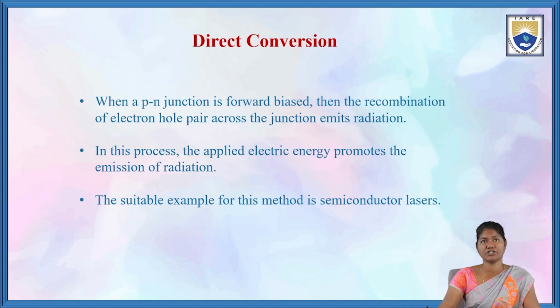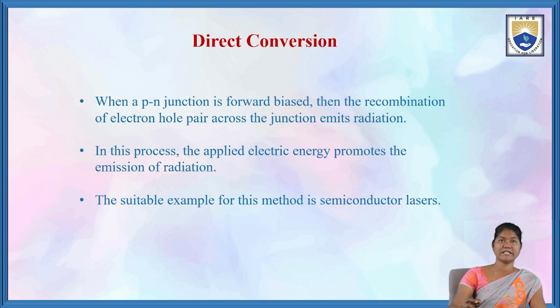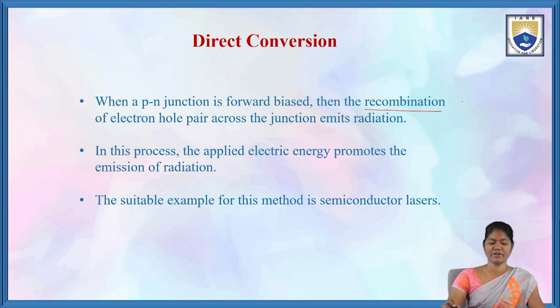Next, direct conversion method. When a PN junction diode is in forward bias, then recombination of electron-hole pairs across the junction emits some radiation. So in this process, the applied electric energy promotes the emission of radiation.